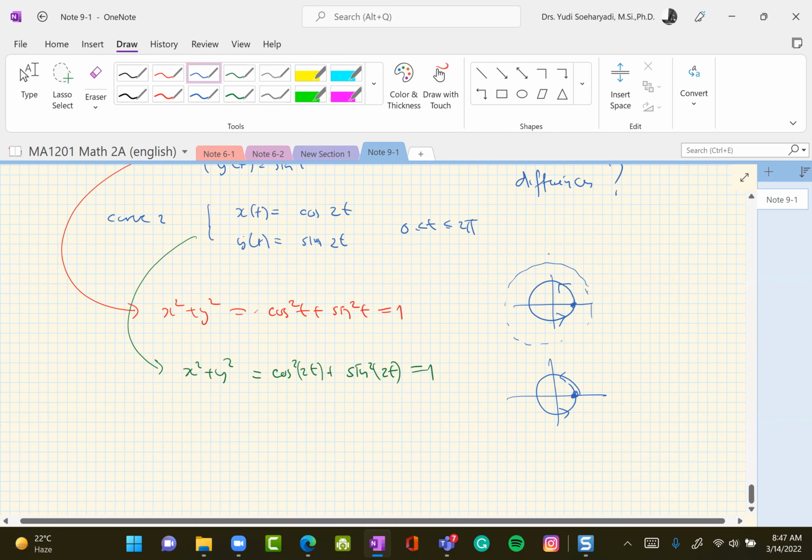Are these the same motions? Okay, try to plug in t equals pi for these two motions. The first one, where did you get? What point you get? Just pi. T equals pi.